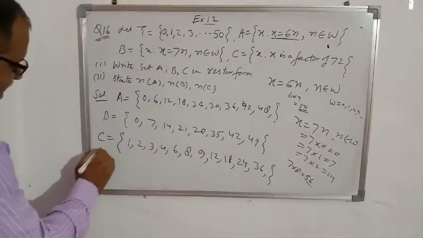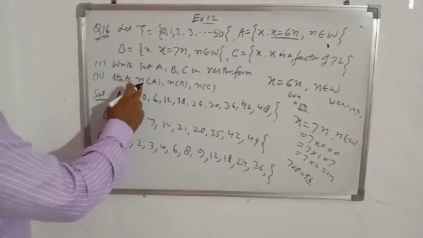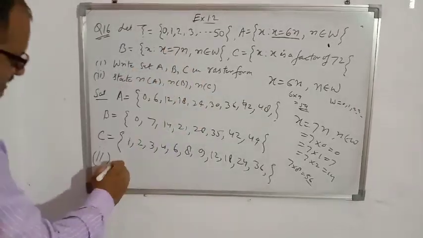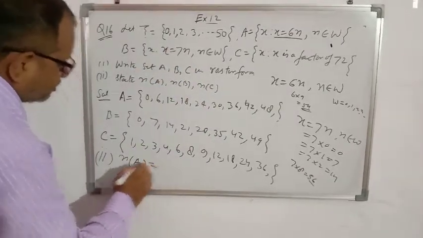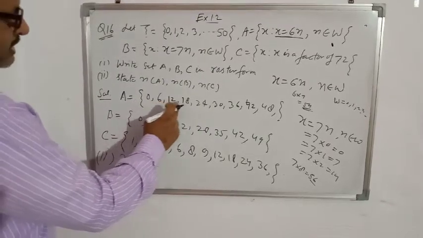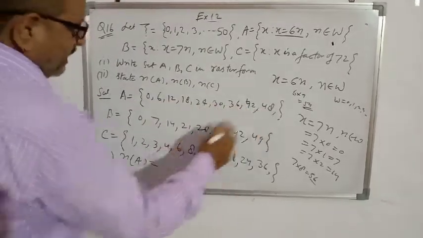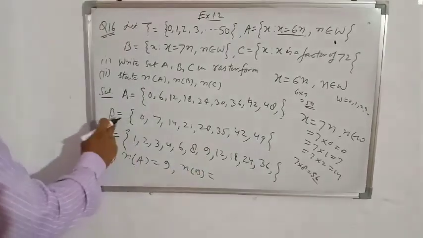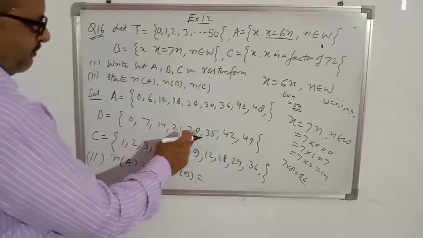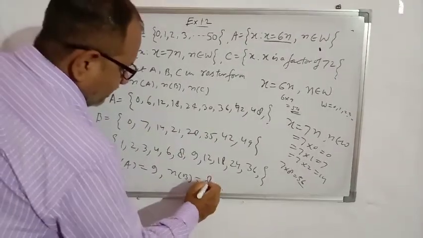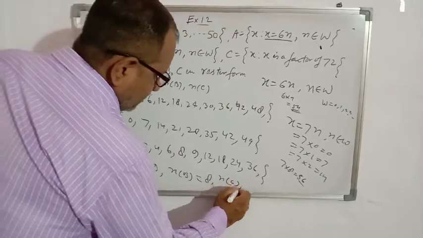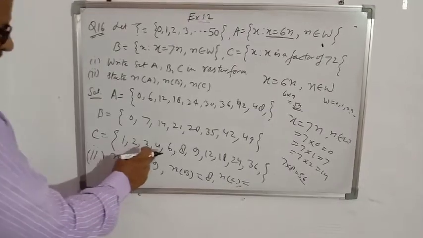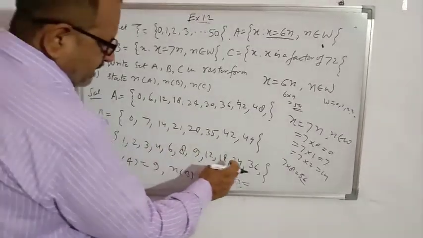Now the second part, we have to tell n(A). n(A) means the cardinal number of set A, cardinal number of set B, cardinal number of set C. So n(A) is equal to, count how many numbers are there. 1 2 3 4 5 6 7 8 9. n(A) is 9. n(B), this one, 1 2 3 4 5 6 7 8. n(B) is 8. n(C), 1 2 3 4 5 6 7 8 9 10 11.